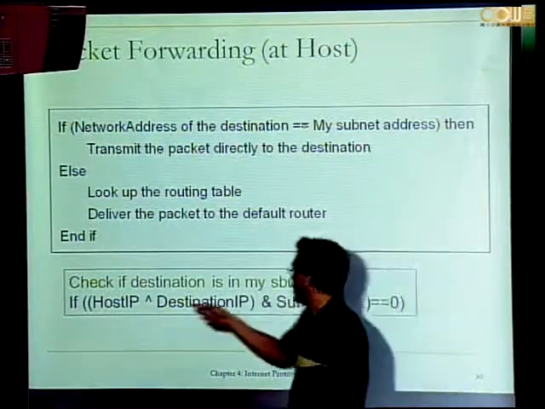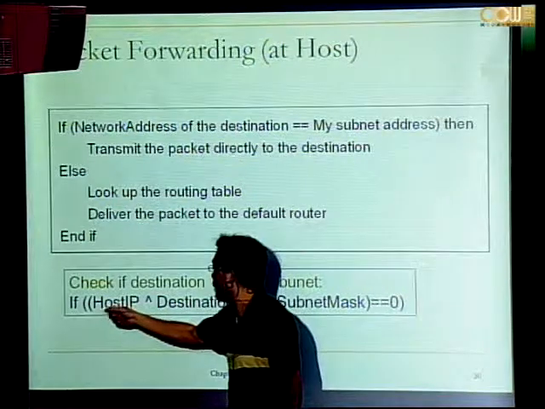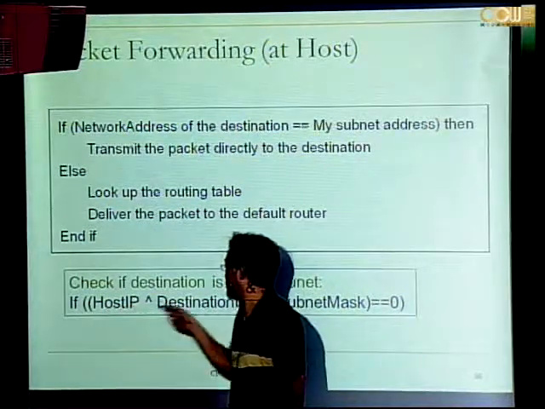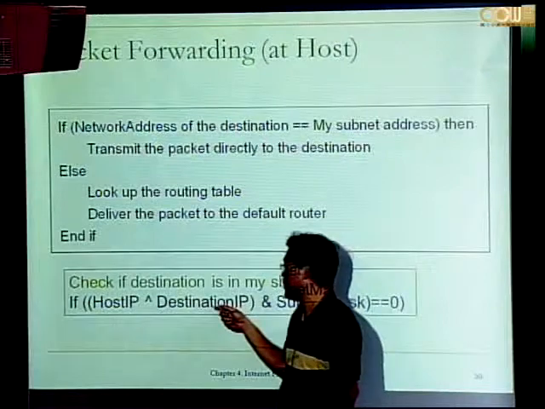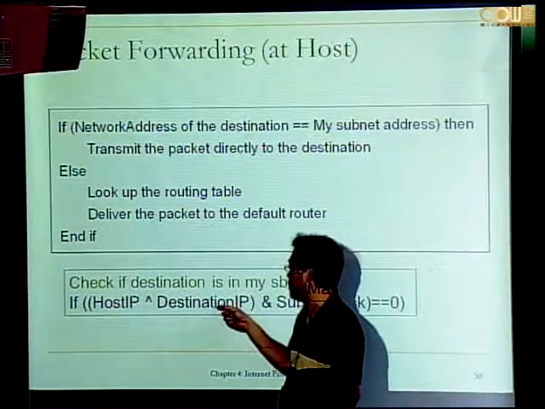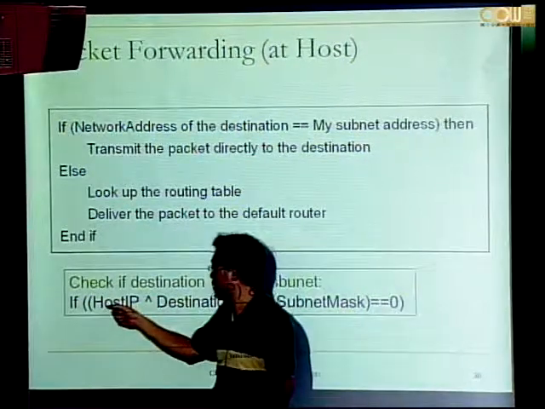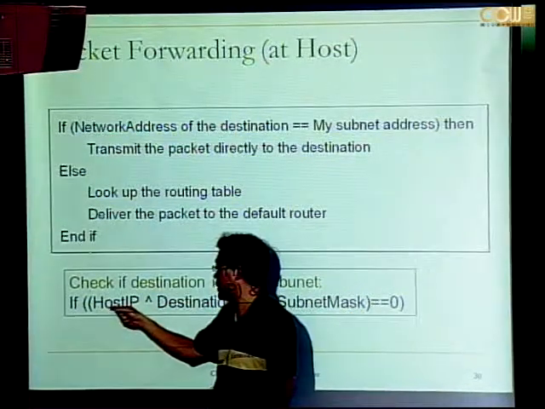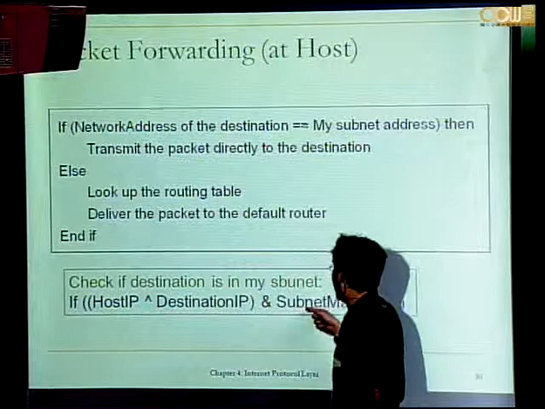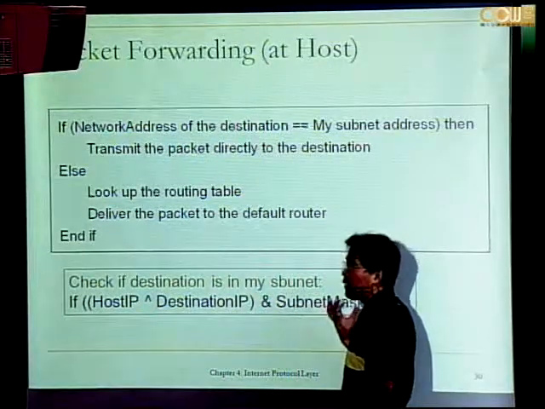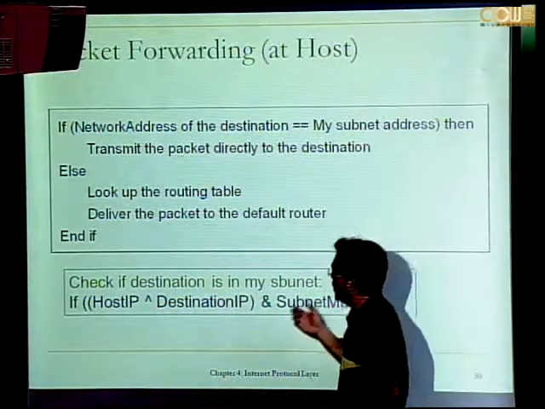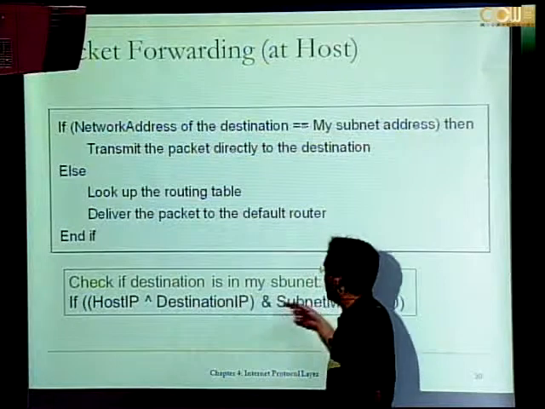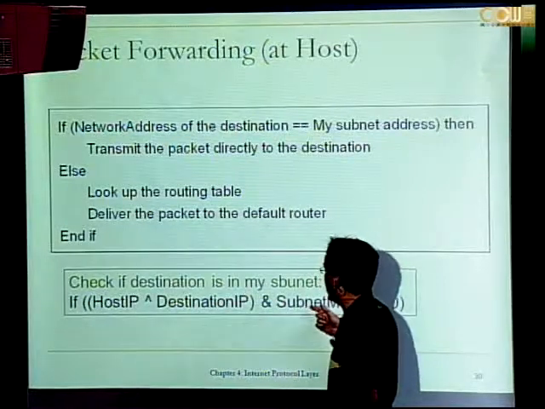And then I also take my own IP address, the IP address of myself, and AND it with my subnet mask. So I get my network address, and also possibly the destination network address.